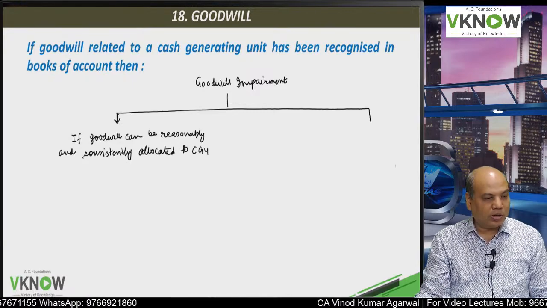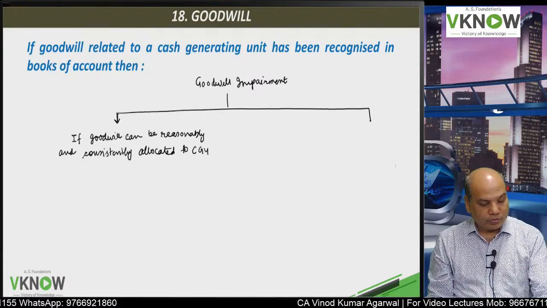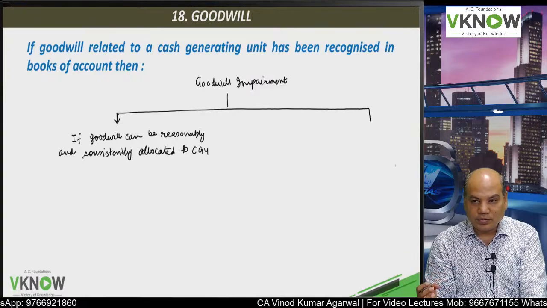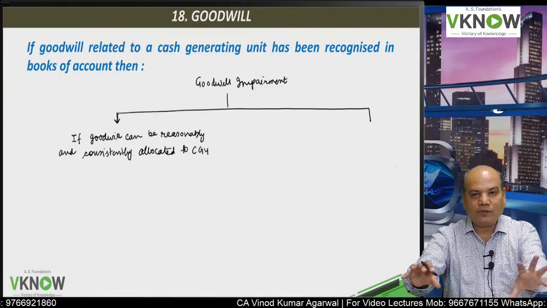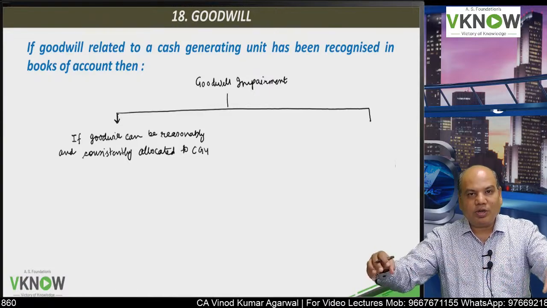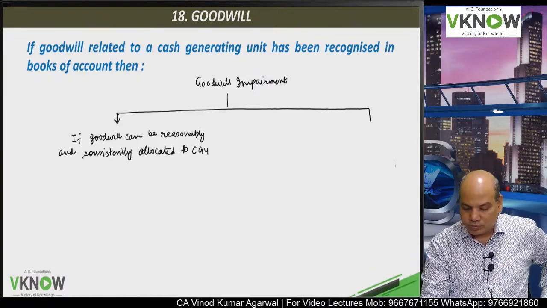Can the goodwill be allocated to CGUs? If you have acquired a business, you may have acquired 3-4 CGUs. Check whether goodwill can be allocated to the CGUs.